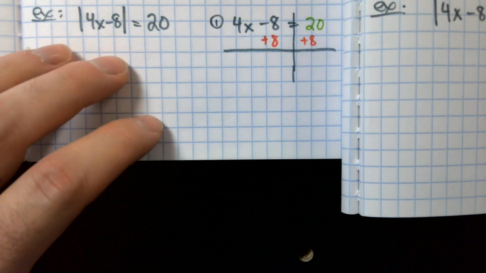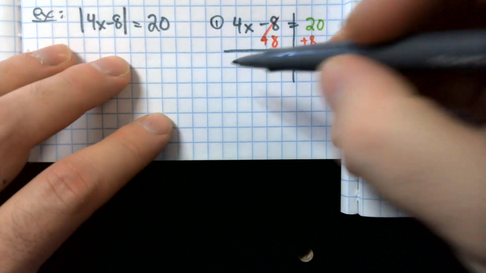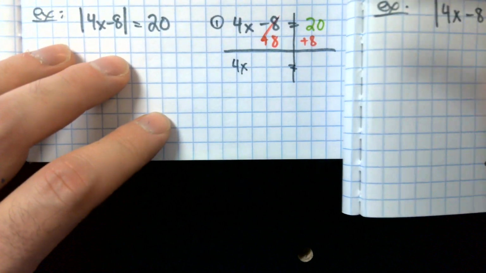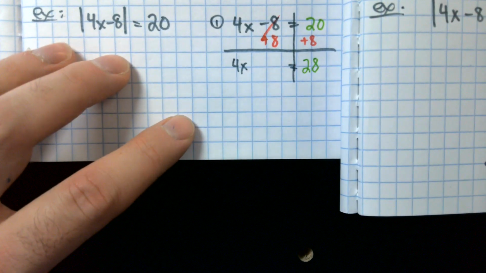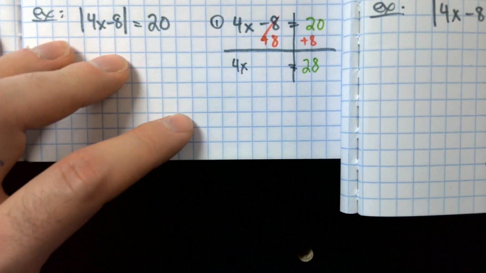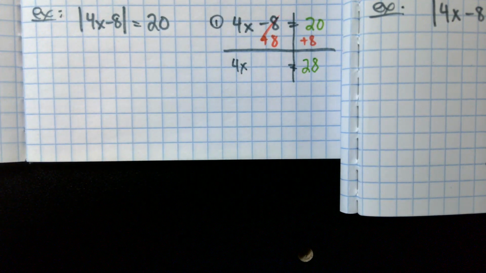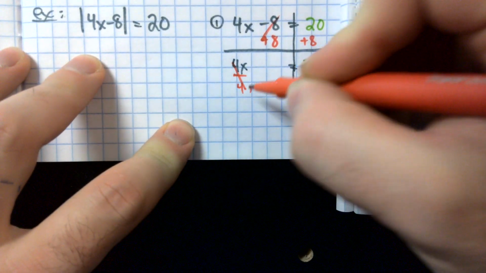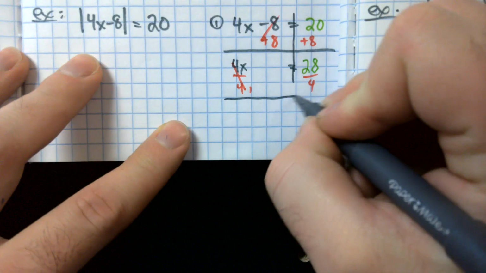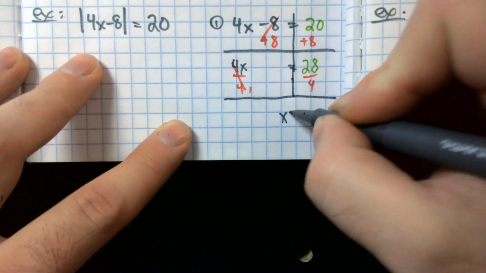After I add 8, my 8's go away. I'm left with 4x equals 28. What can I do now? Divide both sides by 4. How many times does 4 go into 28? So I get x is equal to 7.